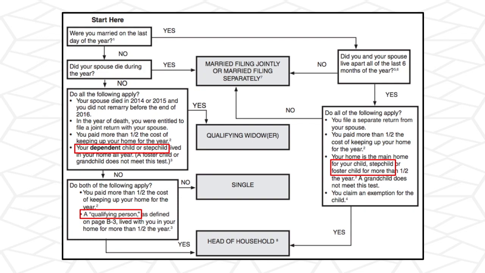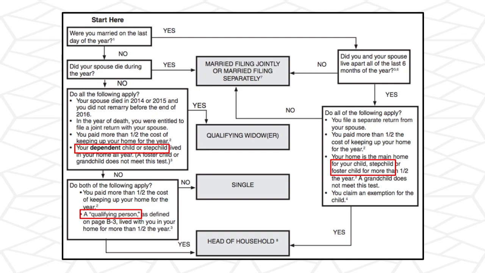So you'll see, as it's highlighted with a red box on the far right, that a married head of household taxpayer has to have a child, stepchild, or foster child who lives with them for more than half the year. So, those three particular relationships.